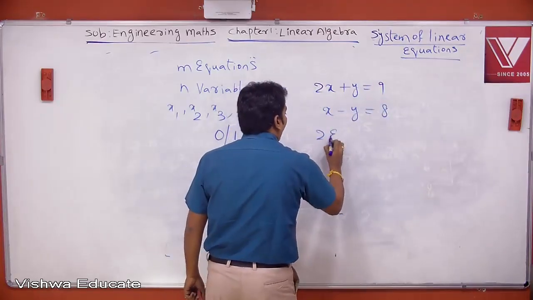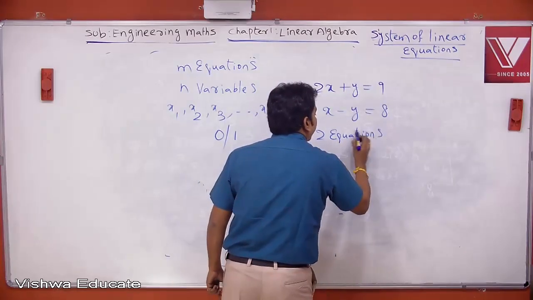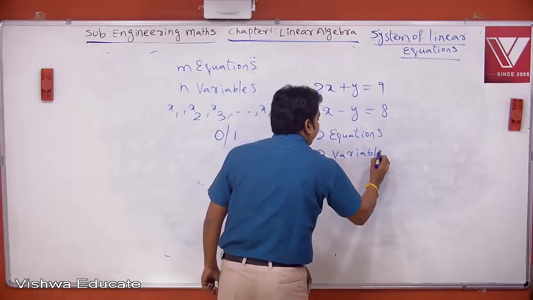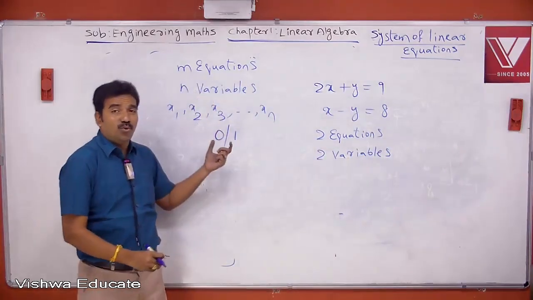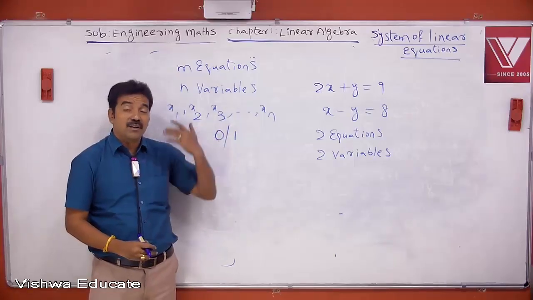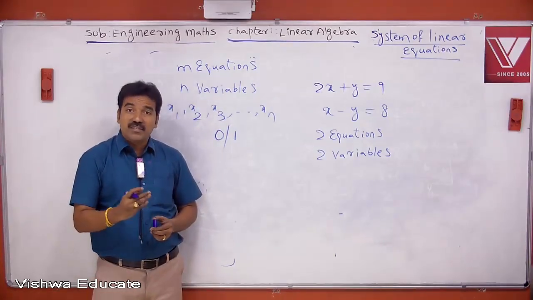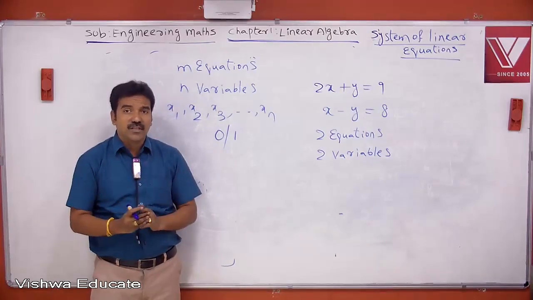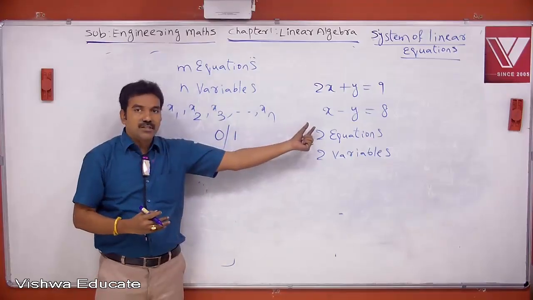Now in this case, I have two equations in two variables. So in this case, the number of equations and the number of variables are the same. But this may not be true in all possible cases. Sometimes the number of equations can be 72 and the number of variables may be 71. Sometimes the number of equations and number of variables may be the same. That depends upon the situation. So let us start with a simple example.